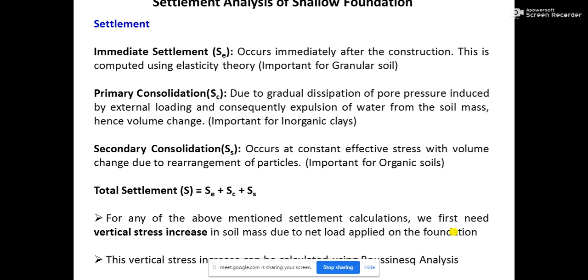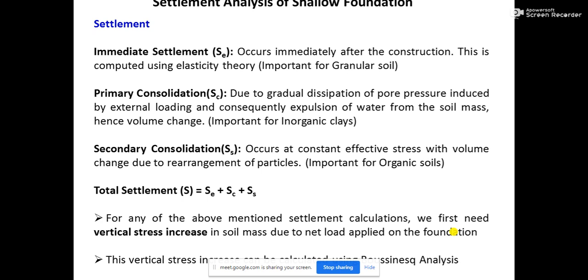Other than the Boussinesq and Westergaard stress equations, if you remember, while discussing the problems of primary consolidation, we saw that by approximately considering a trapezoidal stress distribution, that means from the base of the footing the load is getting distributed in a trapezoidal fashion to the middle of the clay layer, we can also find out the incremental vertical stress.